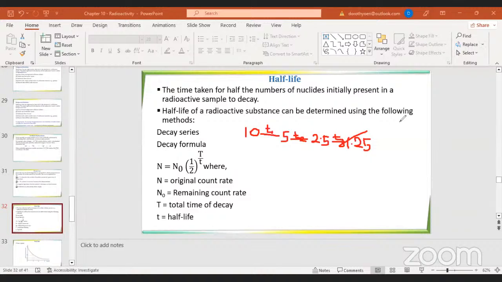You could use this to solve a question, or use the equation given here. That will still work. Where N naught is the original count, in our case 10, and N is the one remaining. Capital T is the total time of decay. Small t represents half-life.